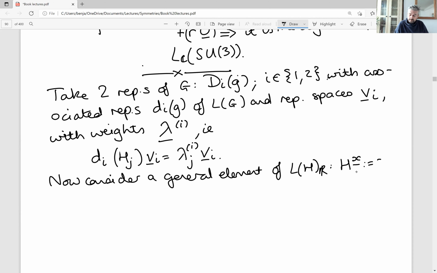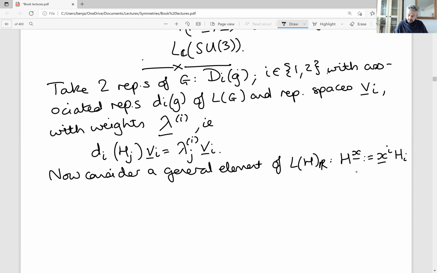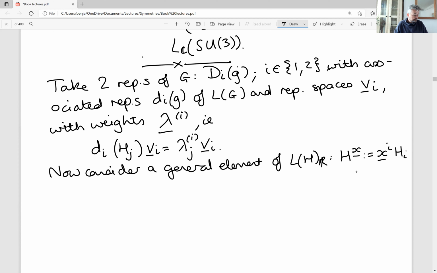So this is some x_i times H_i's, and we put g is the exponential of H_x.